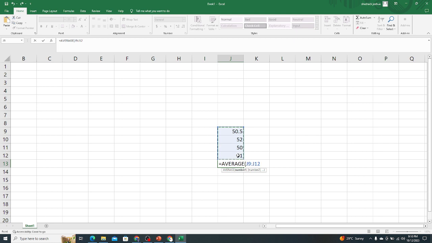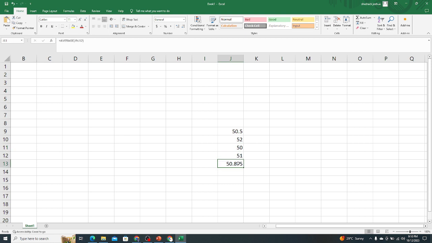So you can see this is the average, 50.875. And you can see this value is within the range between 52 and 50.